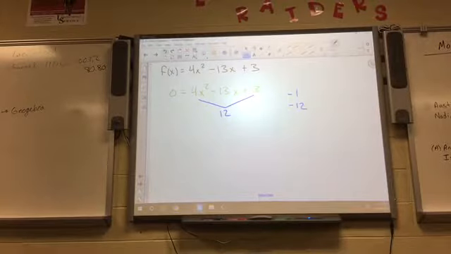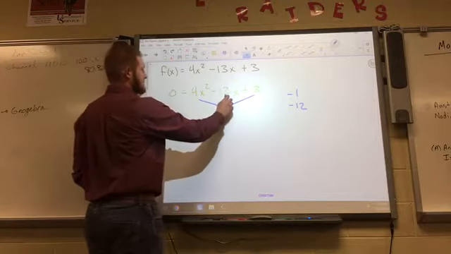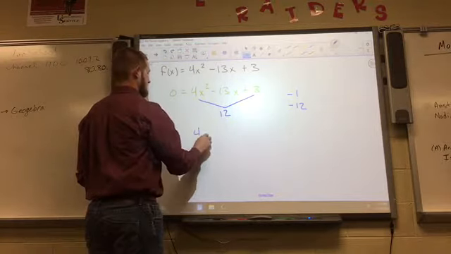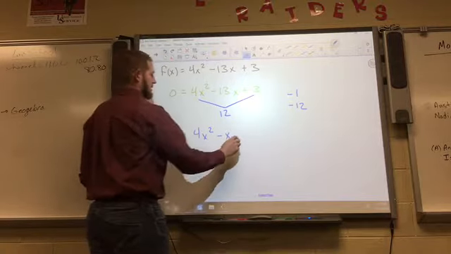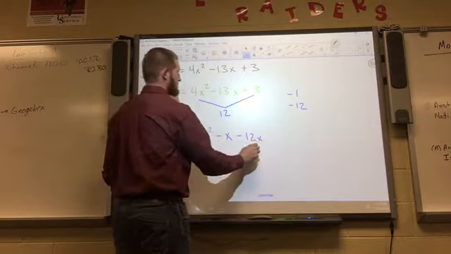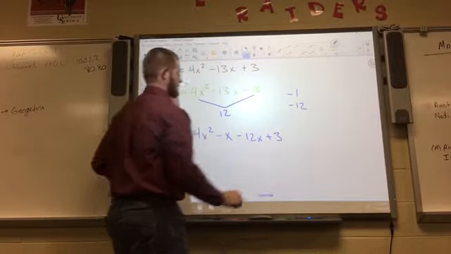What am I going to use those numbers to replace? The x's, or negative 13x in this case, right? So instead of negative 13x, I'm going to fill in negative 1x and negative 12x. And then I'm still going to bring my A and my C down with me.